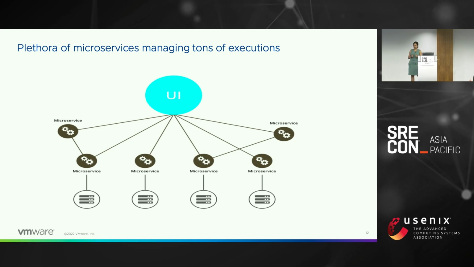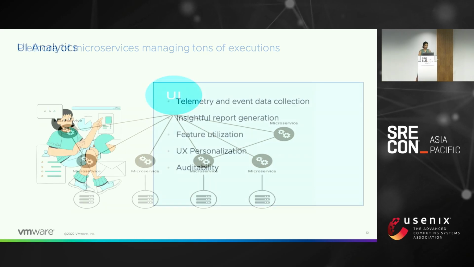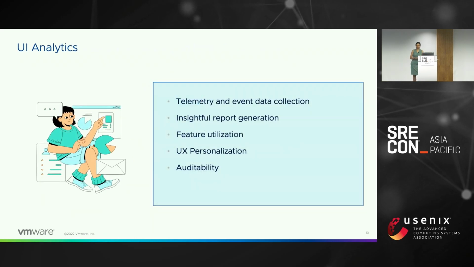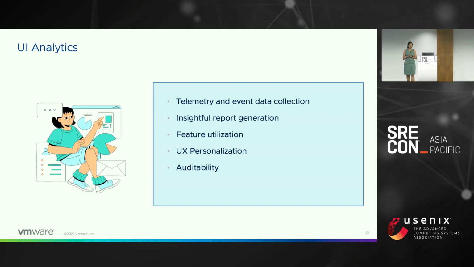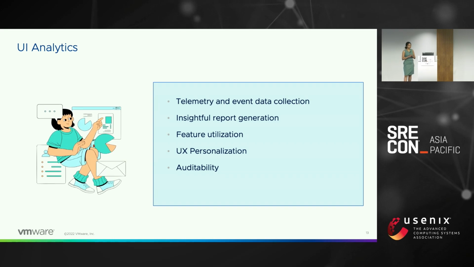So again, we use analytics for that as well, to identify the feature usage. What we do is, we collect the telemetry data and event data for the UI, and we use that data to generate insightful reports. How we use these reports is, we get to know the feature utilization.